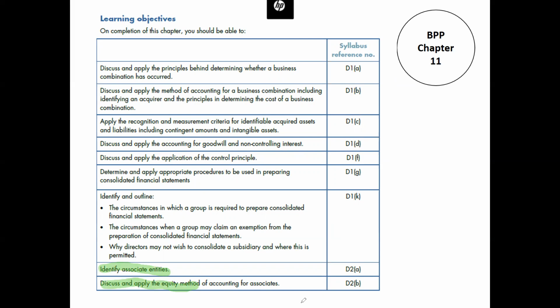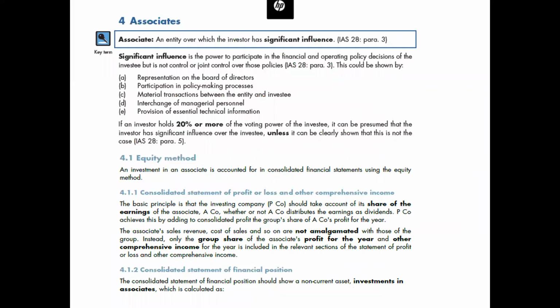So make sure you understand that's the focus of an associate. That's what we're going to focus on for this specific section, making sure you understand what you need to be able to do.